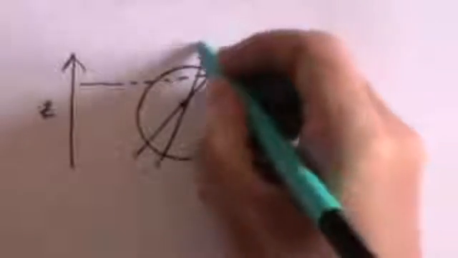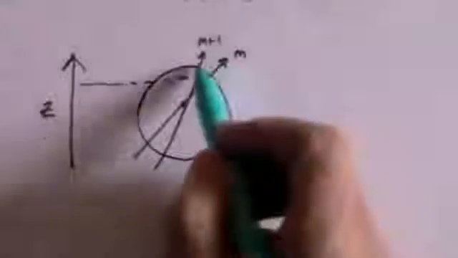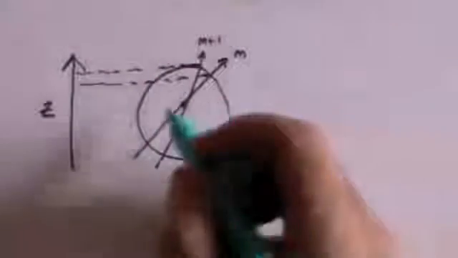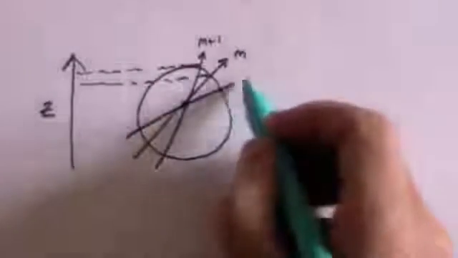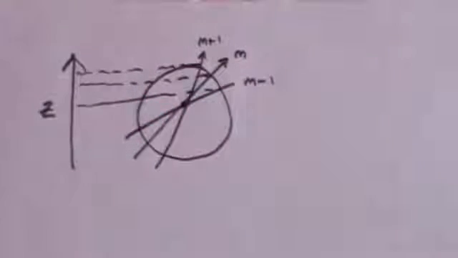You remember we said that it's quantized, which means the next notch up will be m plus 1, and you measure that along the z-axis. One down would be m minus 1, measured along the z-axis. The point being that having measured the angular momentum along the z-axis, you can never know what is happening along the x and y axes.